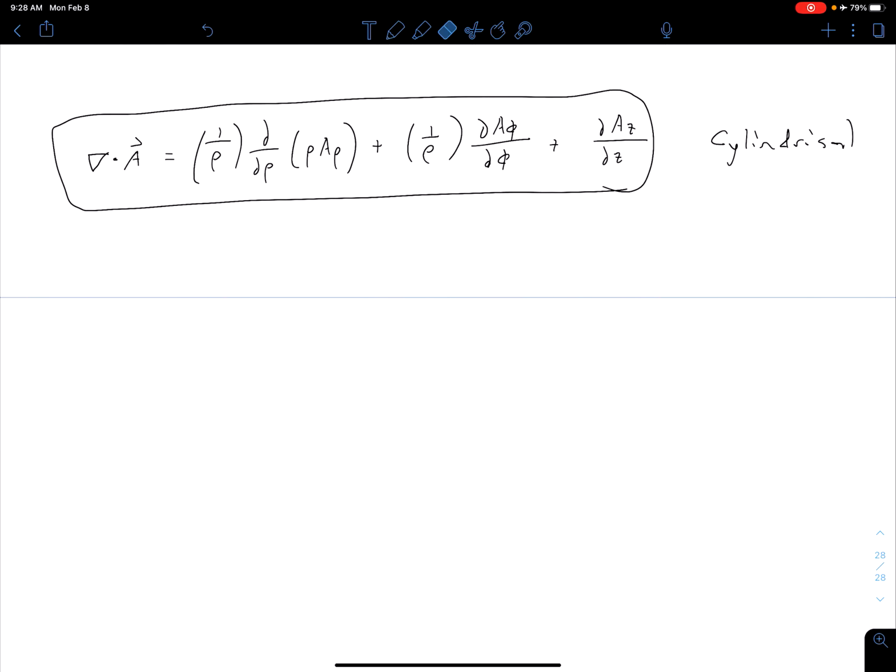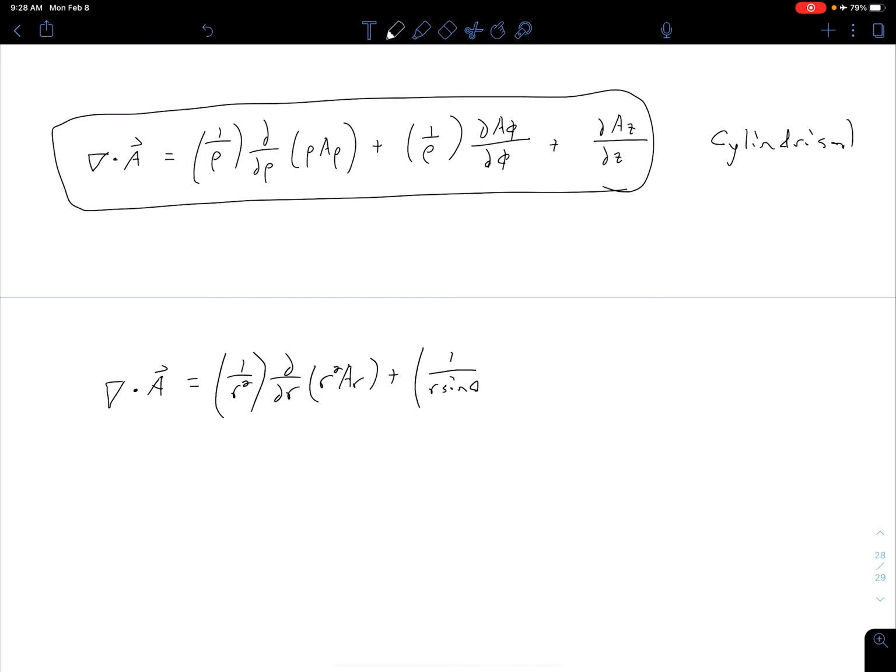Then finally for our spherical coordinates, the divergence of A, so we're still doing a dot product, is equal to, and this is getting a little messier, 1 over r squared times the partial with respect to r of r squared times the r component of A, plus 1 over r sine theta times the partial with respect to theta of our theta component of A times sine of theta, plus 1 over r sine theta times the partial of our phi component with respect to phi.